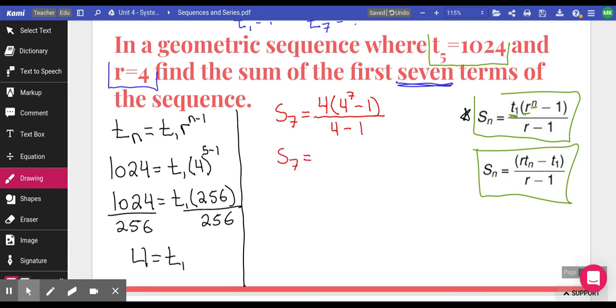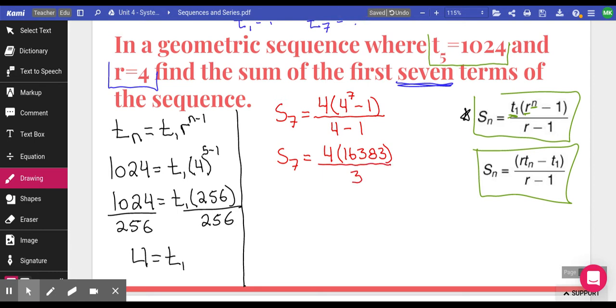I highly recommend you do this in chunks. So 4 to the power of 7 equals 16,384 minus 1. That means I have on the top 4 times 16,383 divided by 4 minus 1 is 3.